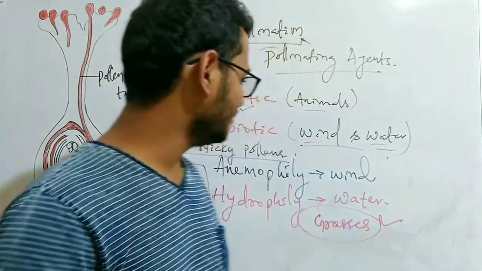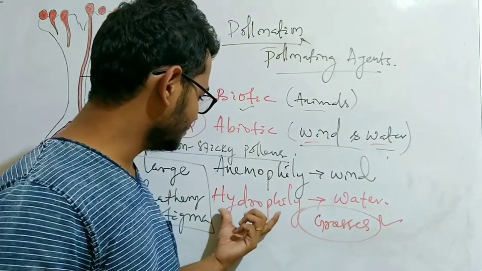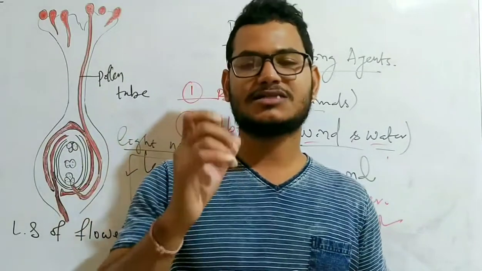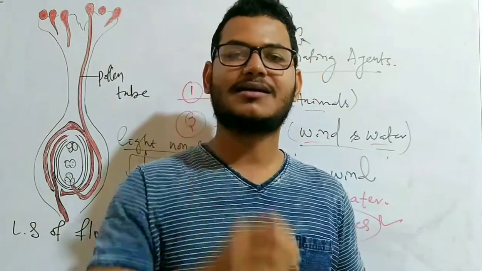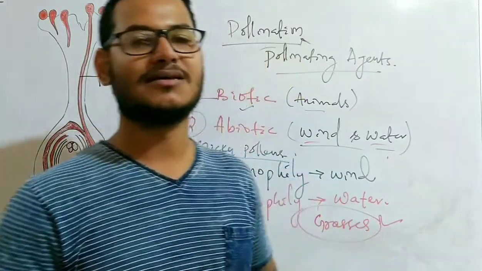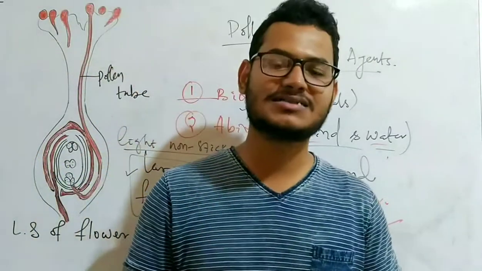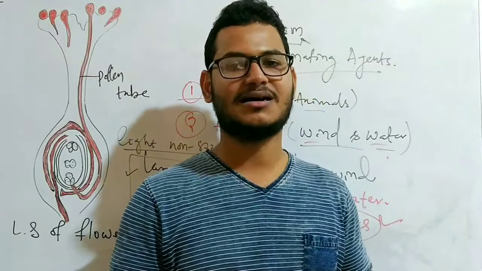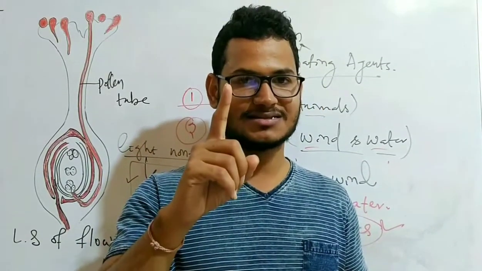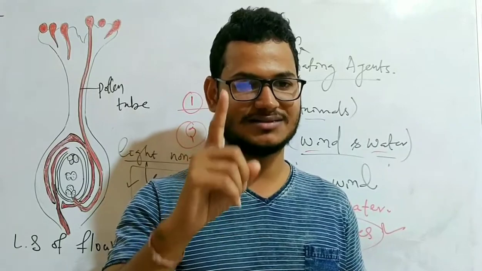When hydrophily, the pollination done by water, or hydrophilic pollination is seen, remember it is very rare and found in case of lower plants like pteridophytes, bryophytes and algae. Exceptional cases are also there: water hyacinth and water lily.